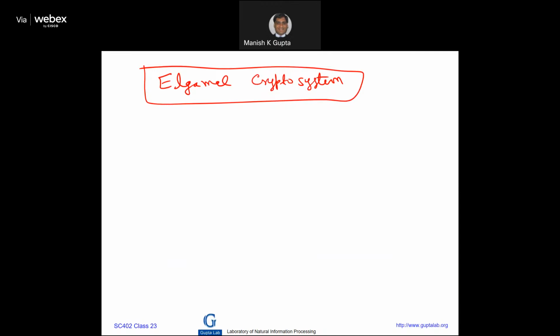It works on the discrete log problem in Z_P star, the multiplicative group. I think I can write it down. What is the Elgamal crypto system?